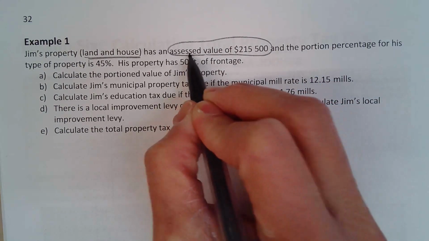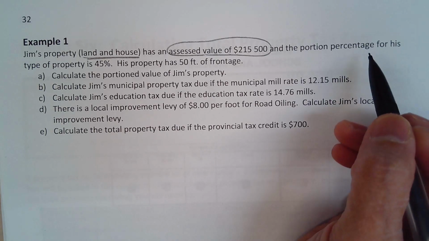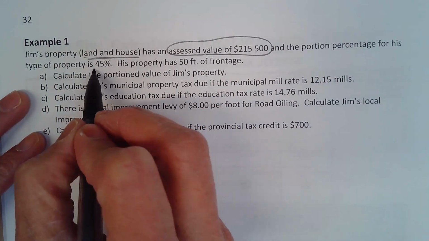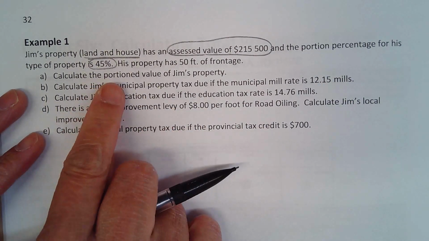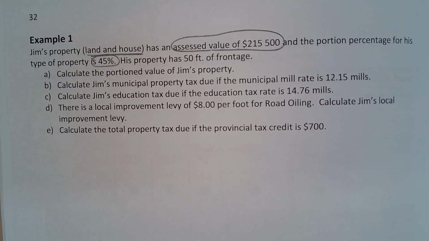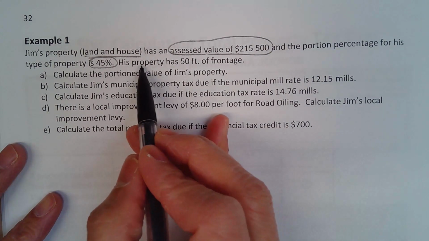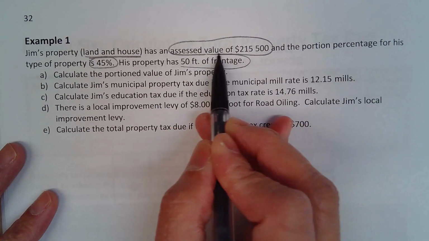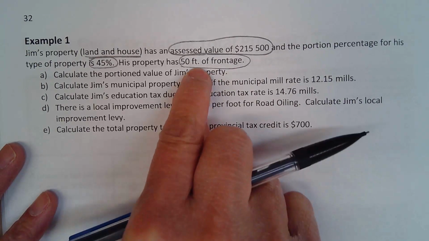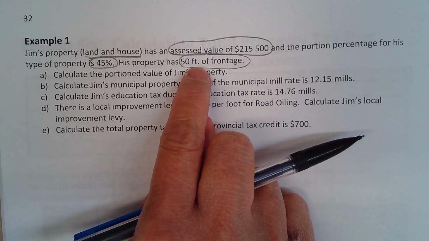That's the assessed value. The portion percentage for this type of property is 45%. And then they tell us that the property is 50 feet in frontage.